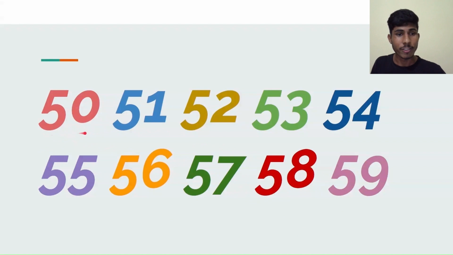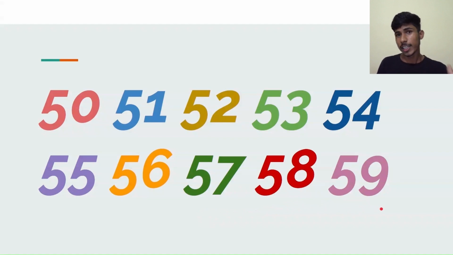So you will get 50, and then 51, 52, and this is 53, and this is 54, this is 55, this is 56, this is 57, this is 58, and this is 59.